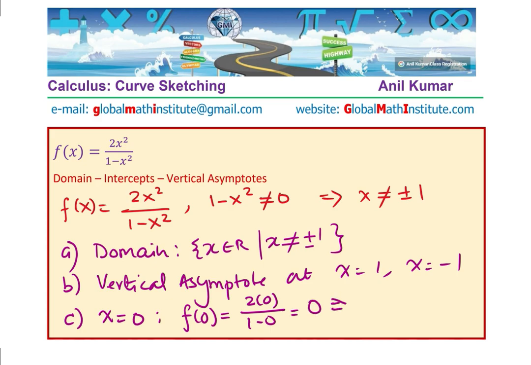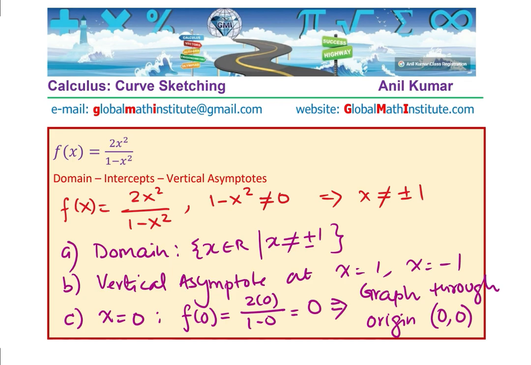So in this case, we have the graph going through the origin, right? That is to say that (0, 0) is your x-intercept as well as your y-intercept. Is that clear to you? Perfect. So we got some basic information here about the function.